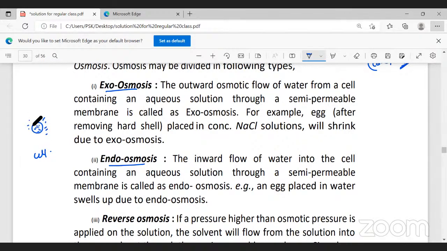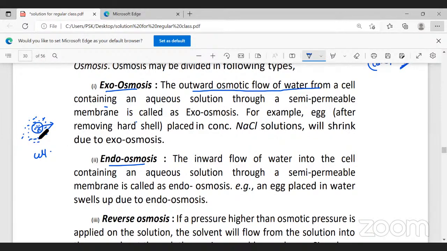Now, if the fluid flows from inside the cell to the outside, if there is an outward flow of water from the cell containing an aqueous solution through a semi-permeable membrane, it is called exoosmosis. The outward osmotic flow of water from a cell containing aqueous solution through a semi-permeable membrane is called as what? Exoosmosis. From the cell, if it flows outside.